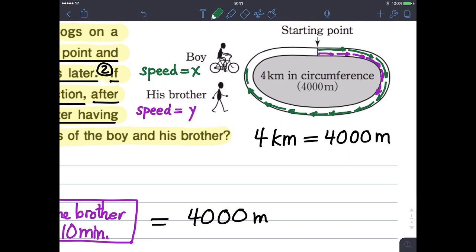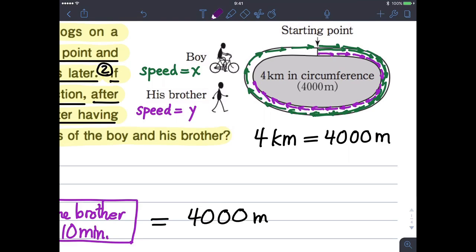So the distance between him and his brother is increasing, and his brother is coming up from behind, jogging. You can see that the total distance between them is increasing as time goes by. Finally, the boy continues around, maybe coming around on the second lap, and his brother is still jogging along.